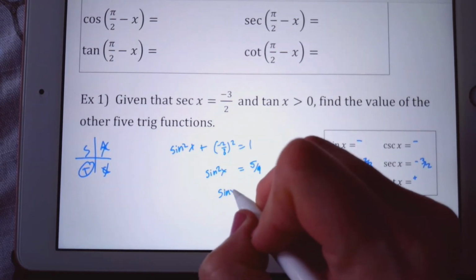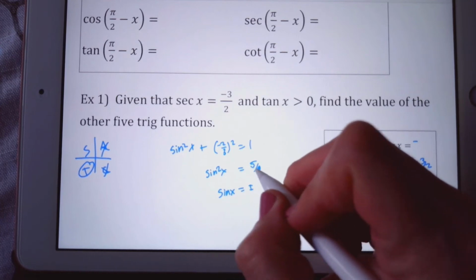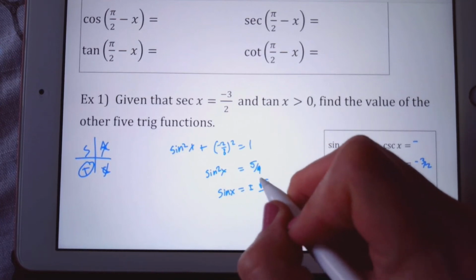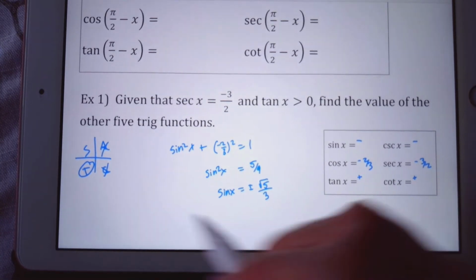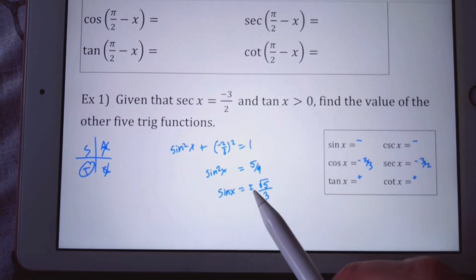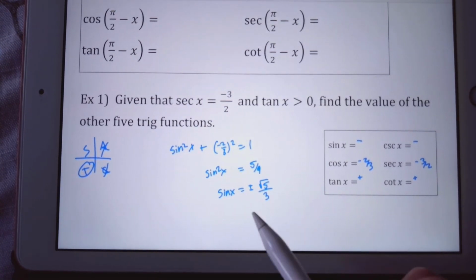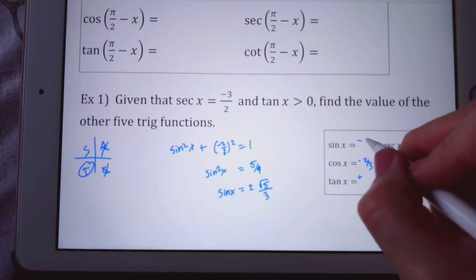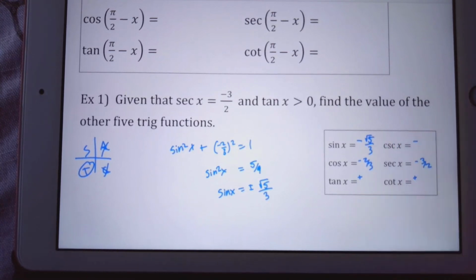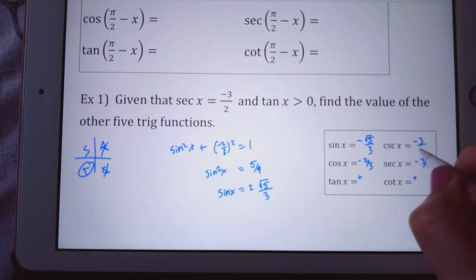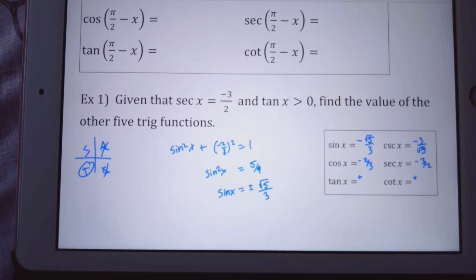So the sine is plus or minus the square root of 5 over the square root of 9, which is 3. This is the reason we had to decide where we were, because I can have plus or minus. Well, I know that the sine is negative, so I'm going to say -√5/3. And so that means the cosecant is 3/√5, which you can rationalize too.